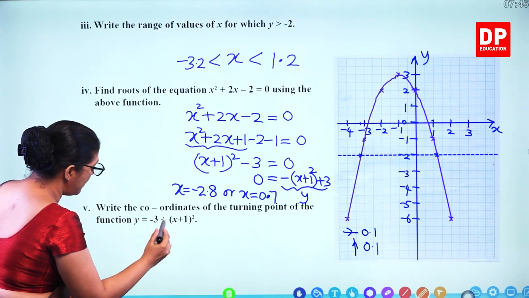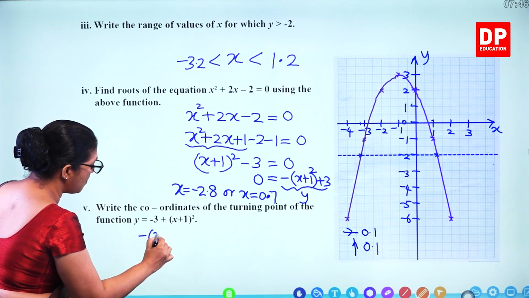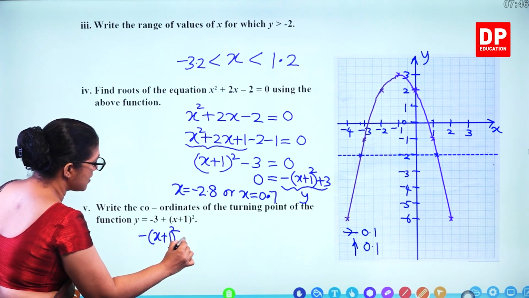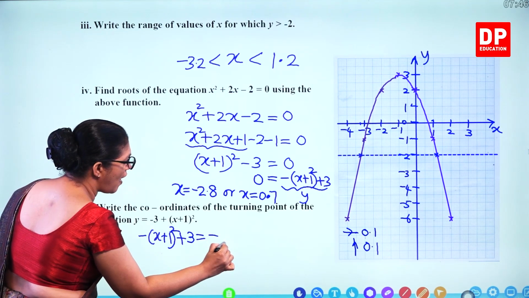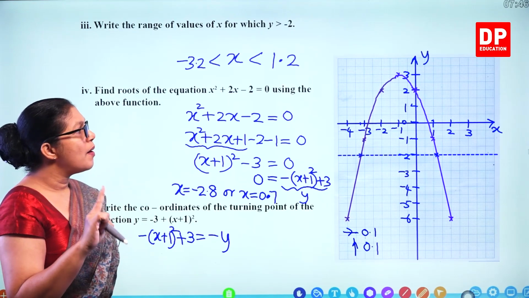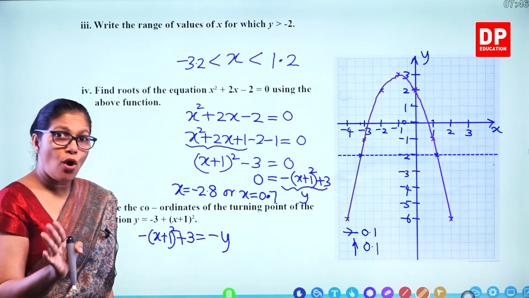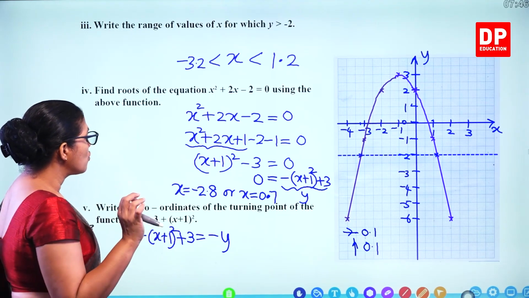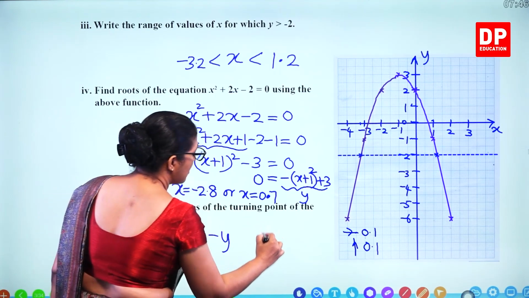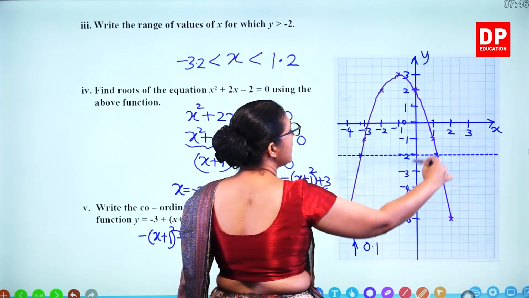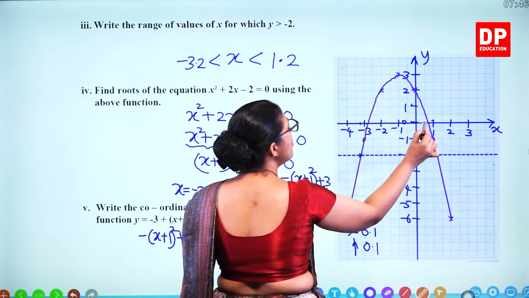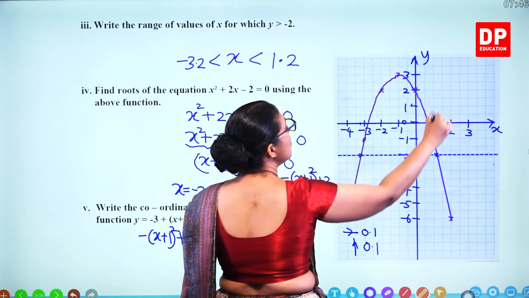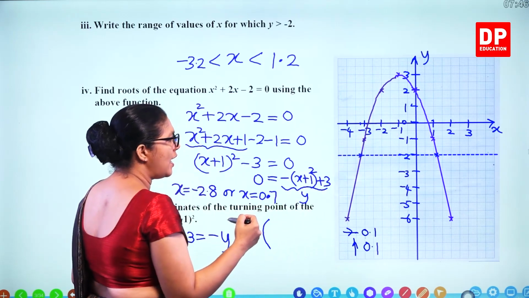So here that becomes minus (x + 1) squared plus 3 becomes minus y. So that means the vertex point, the x coordinate is not changing, only the y coordinate is changing. So what's the vertex? Then you get a graph like this. Same roots. So that's the minimum value.